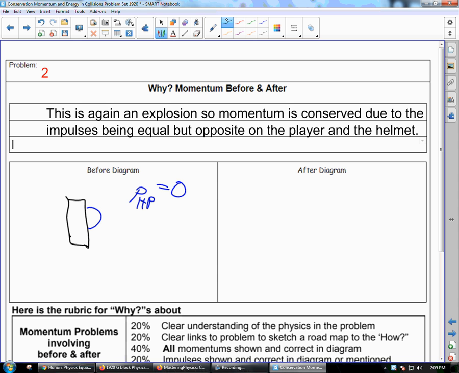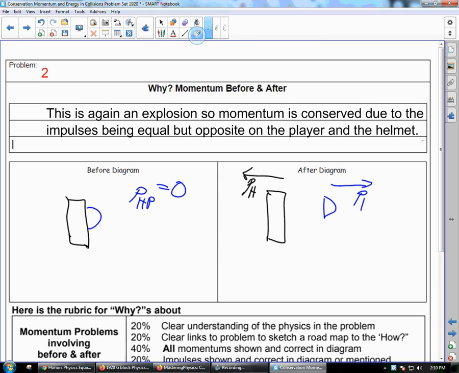And then afterwards, which direction does the hockey player move afterwards? Backwards. To the left. So that would be the momentum of the hockey player. And then we have our helmet. And this would be the momentum of the... Oh, so this should be the player. I am losing it. This is momentum of the helmet. This is momentum of the player.